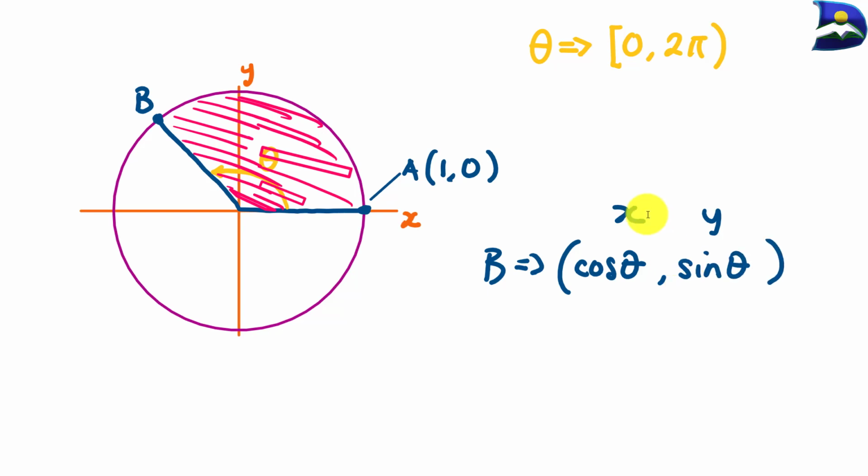And this is applicable to any point around this particular unit circle. Once you're able to recognize this, we can express the x coordinate to be cos theta and the y coordinate to be sine theta.